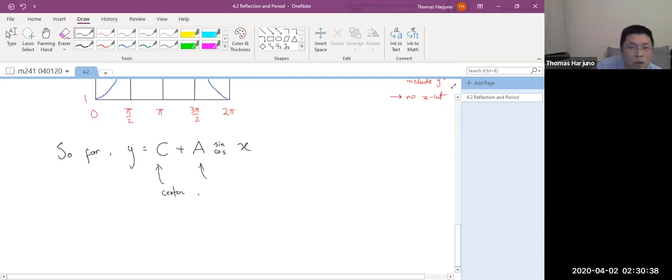This a here, to be more precise, the absolute value of a, because a may be negative, right? Now the absolute value of a will be the amplitude. That's what we have so far. Now, in the next stage, I will play further.